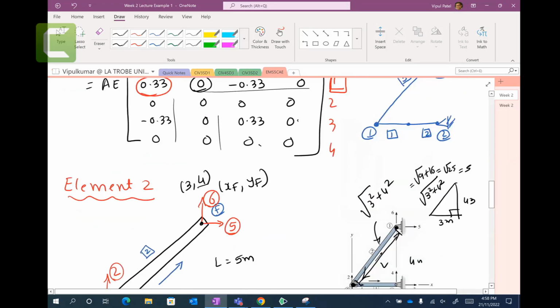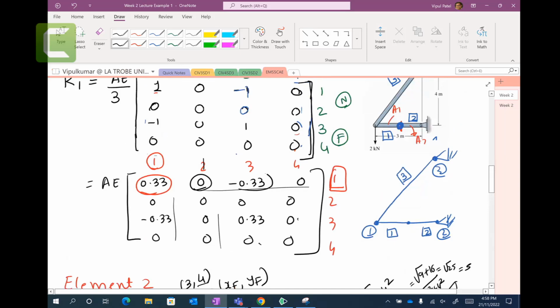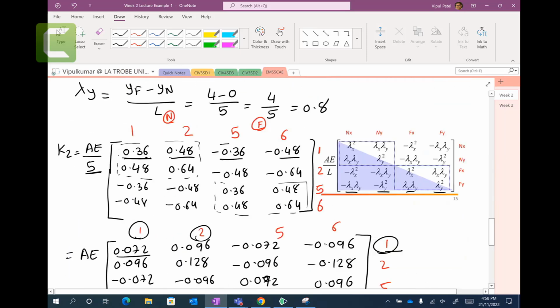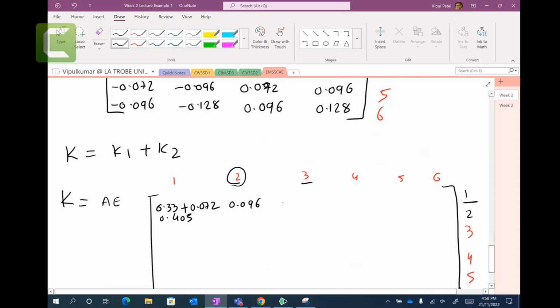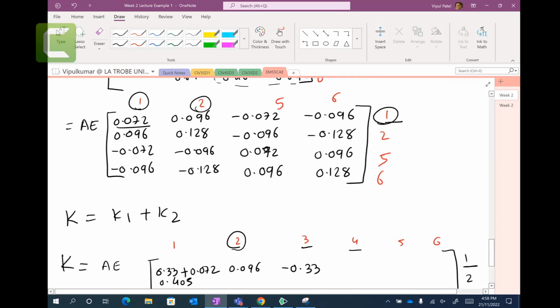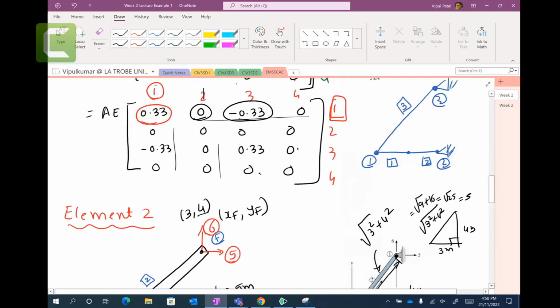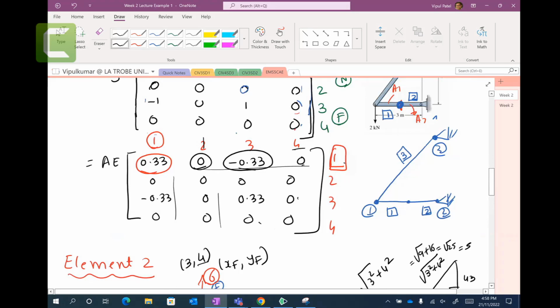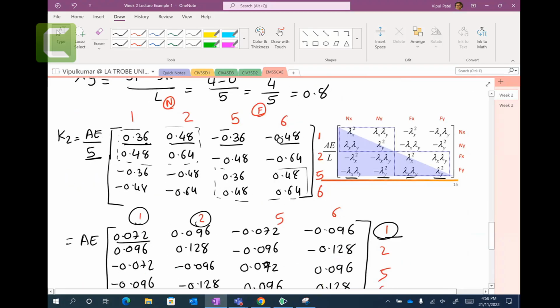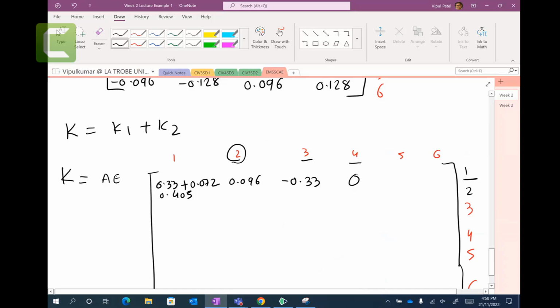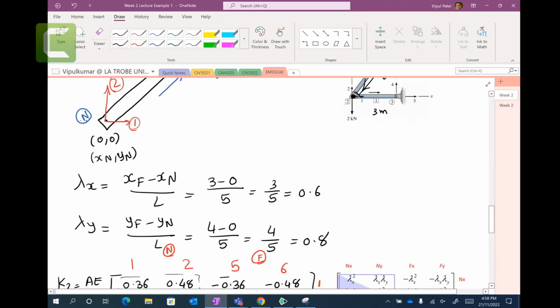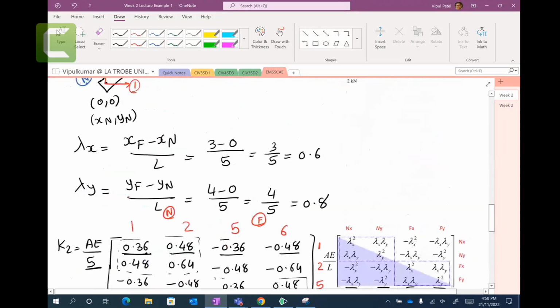Column 3, row 1. There is a column 3, row 1, with 0 minus 0.33. There is no column 3 in K2, so take it as 0. So you have minus 0.33. Column 4, row 1. There is a column 4 in K1, 0, and there is no column 4 in K2, so that is 0. Column 5, row 1. There is no column 5 in K1.